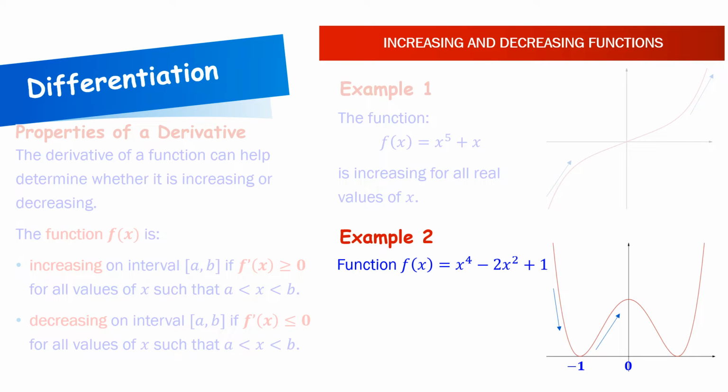Then it increases to the point x equals 0, so it is increasing on the interval minus 1, 0. Then it decreases to x equals 1, so it is decreasing on 0, 1. And then it increases again after x equals 1.